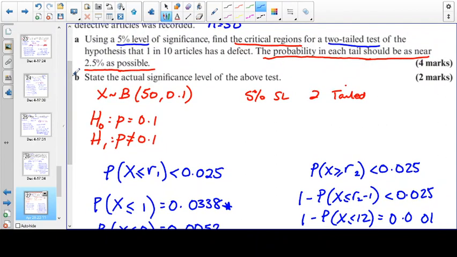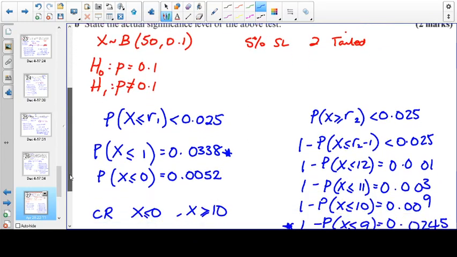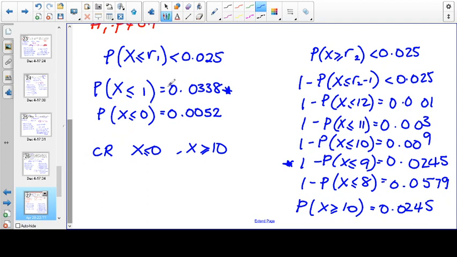Now for part B, it says state the actual significance level of the above test. Remember, the actual significance level is the probability, or the chance, of wrongly rejecting the null hypothesis, and that comes from the probabilities we have used there and there.